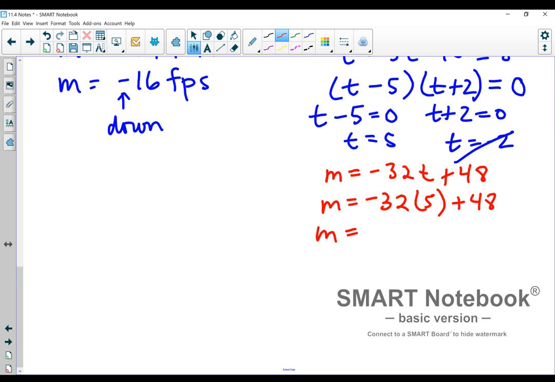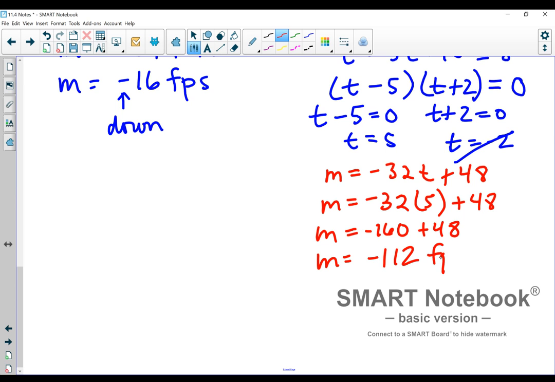So when I put 5 in, let's see, I got to use a calculator. I did the other one in my head, but this one I cannot do in my head. So 32 times 5, this will be a negative 160 plus 48. So m is going to be a negative 112.